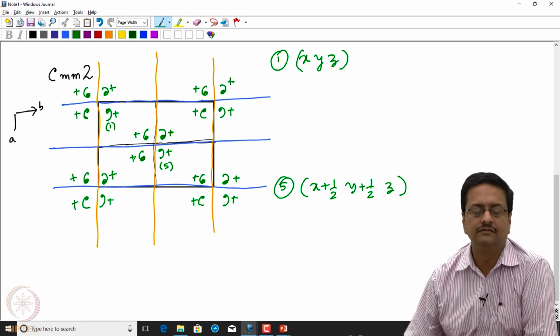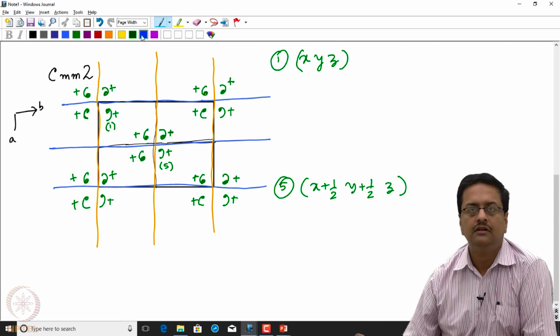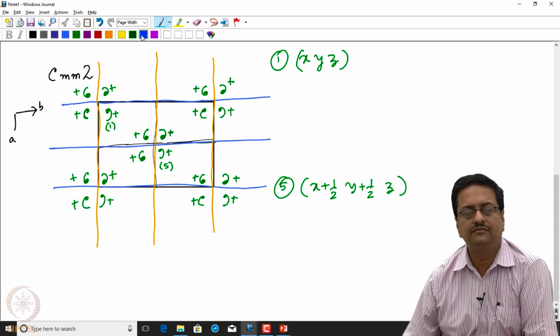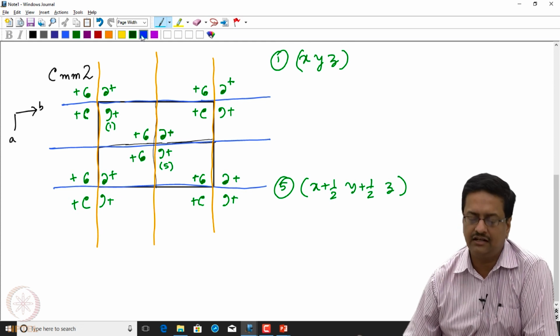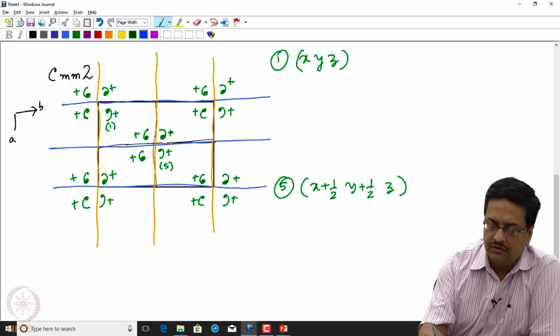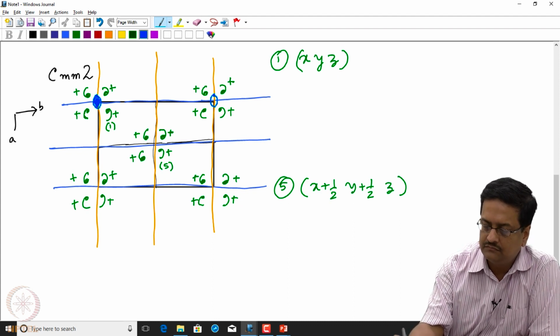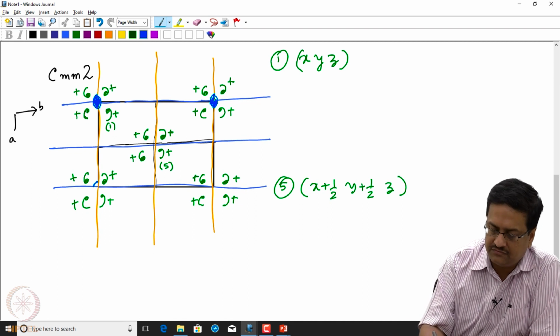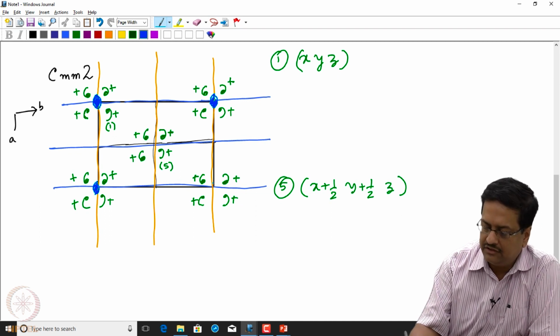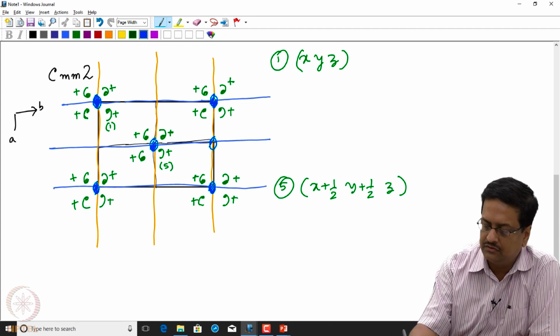Now what do we see here? We can see that the point of intersection of these two mirrors M1 and M2, which are perpendicular to A and B respectively, has become a two-fold parallel to Z. Every intersection of the mirrors has become a two-fold.